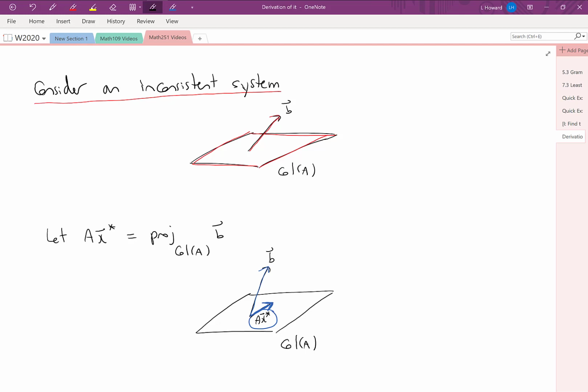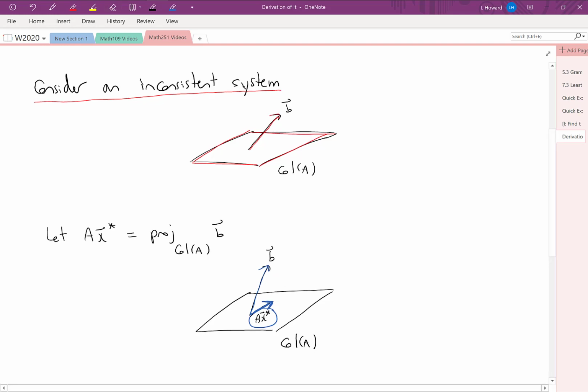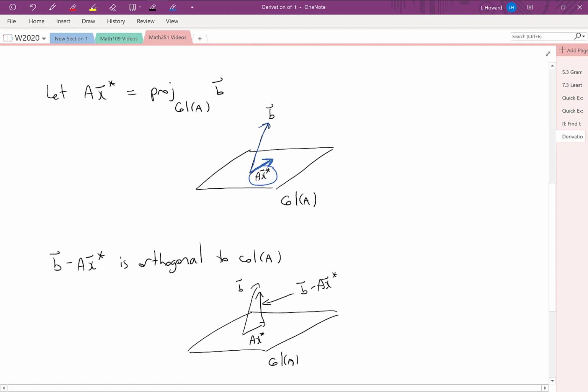What would be interesting then is to think about this vector that's coming up vertically. That will be our next conceptual step. Let's look at another picture.